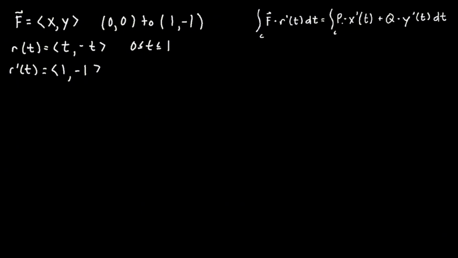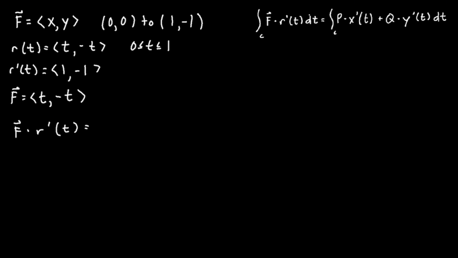Okay, now we have P and we have Q. Make sure these are parameterized. So our new vector field within our parameterization is just t, negative t. And we just dot our vector field with our derivative.